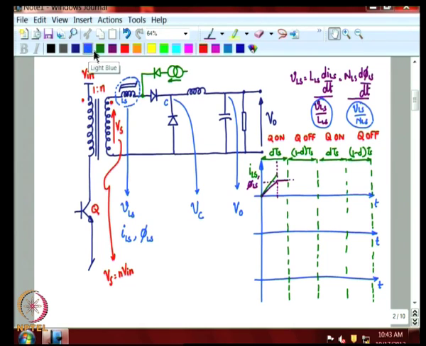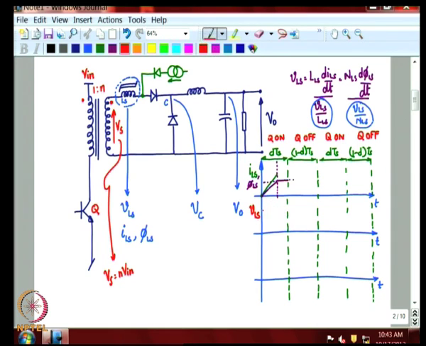Now, during that time the voltage V naught, the voltage VLS, which was positive, which was a positive value.